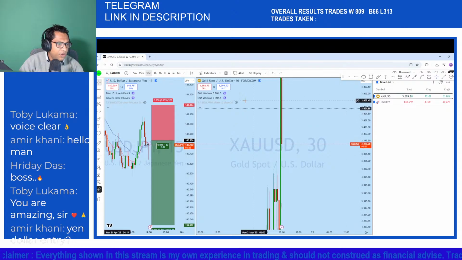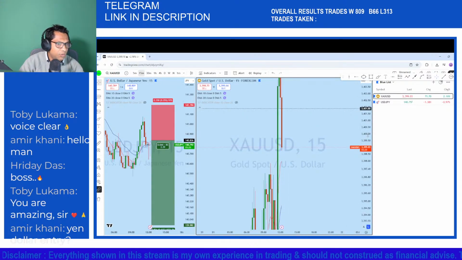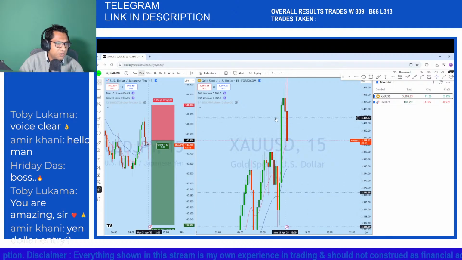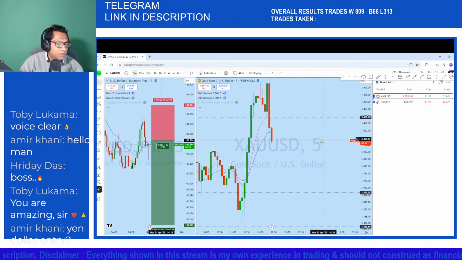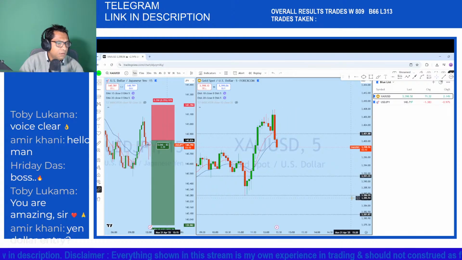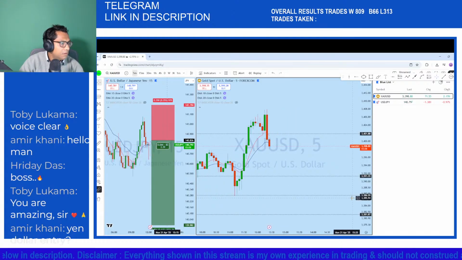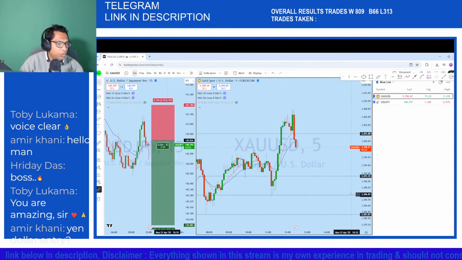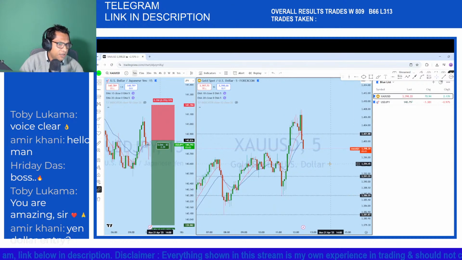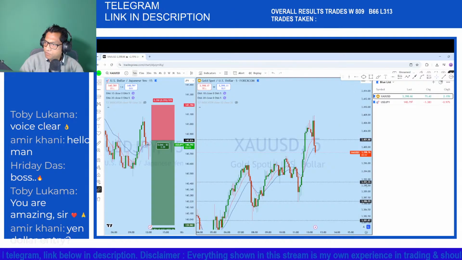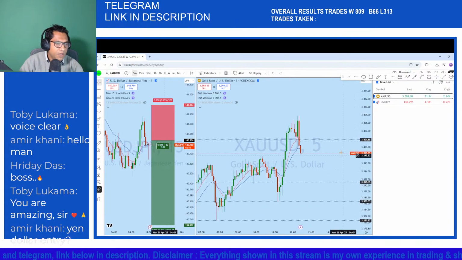Now on the lower time frame here, this is the 15 minutes price action. So we will be waiting to see that the market possibly gives us a better entry here.